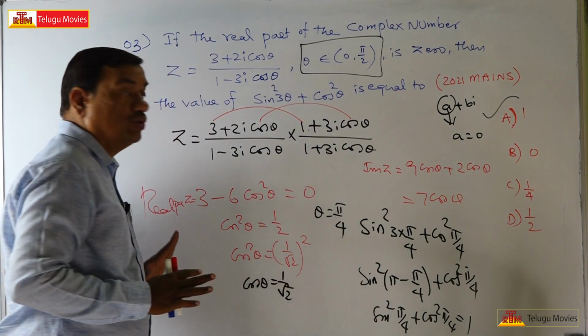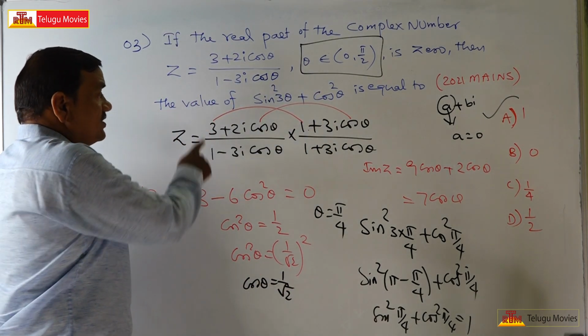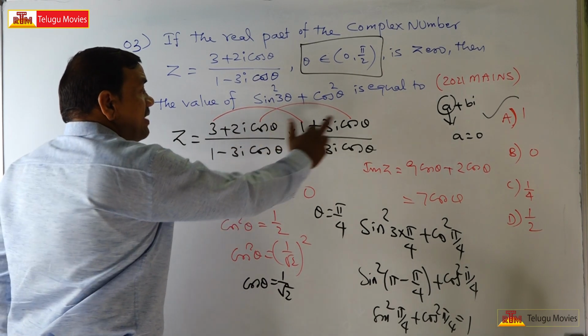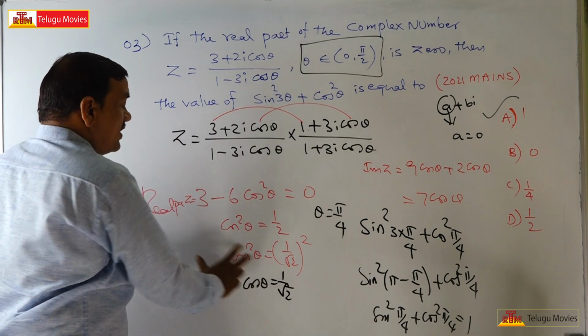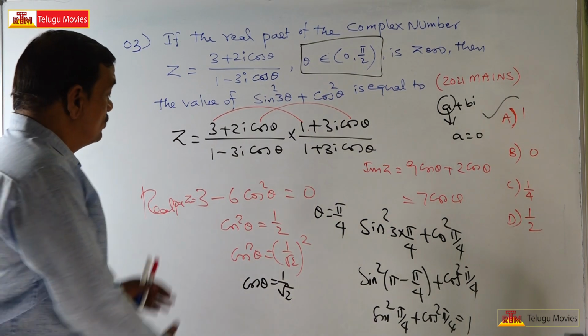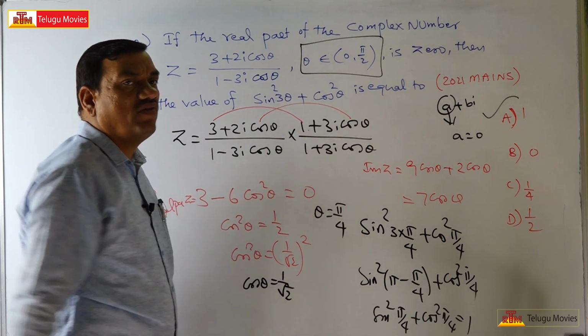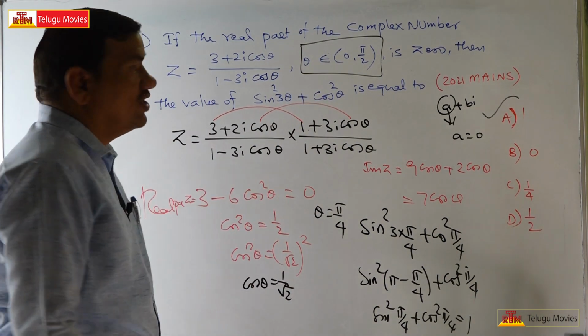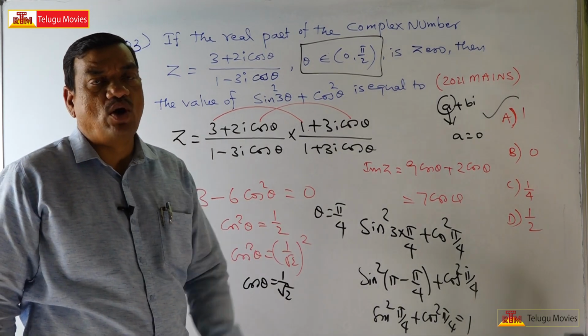But here there is no need to do that. Multiply the real part and imaginary part as needed, and you will get the real part of z. After getting the real part, just substitute the values. Within a minute you can solve this problem. I hope you understand this problem. Let us go for the next problem.